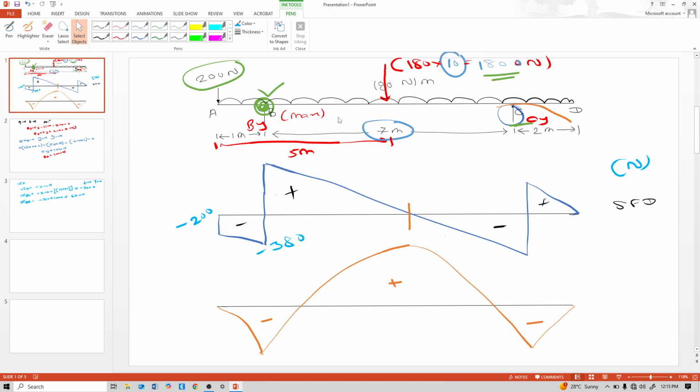Now see the next point. The next point is this C point. Calculate shear force just left to that C point.